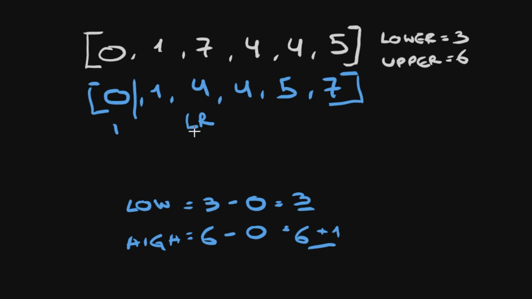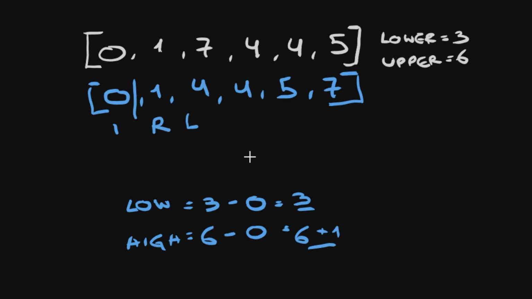Now the left pointer is here, right pointer is here, and mid pointer is also here. So we are working with the 4. We are checking if 4 is greater or equal to 3, and it is. So we move the right to the left of the mid pointer.